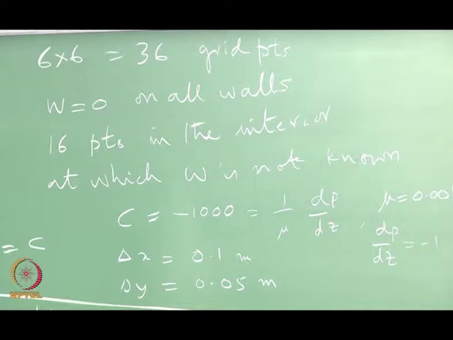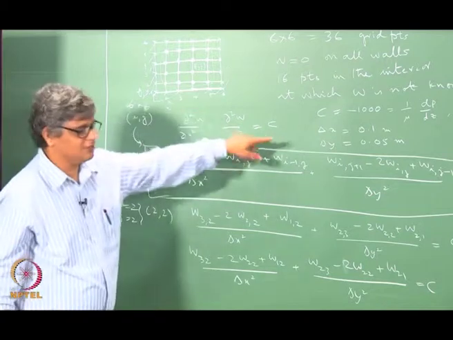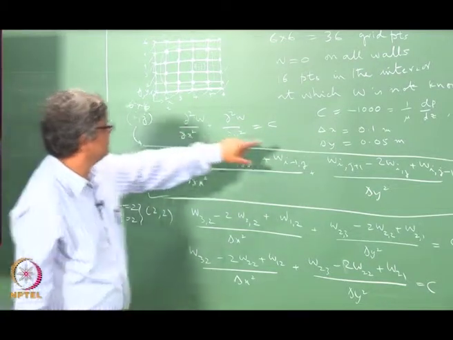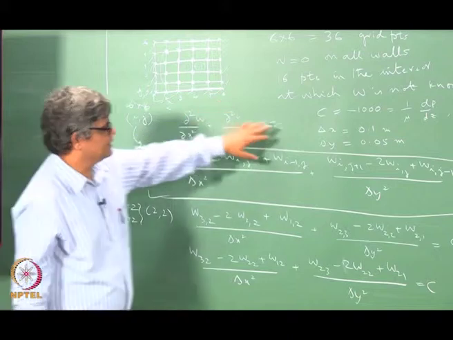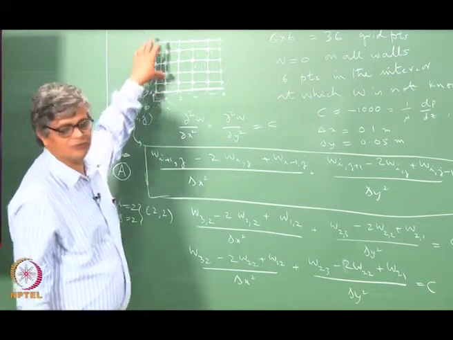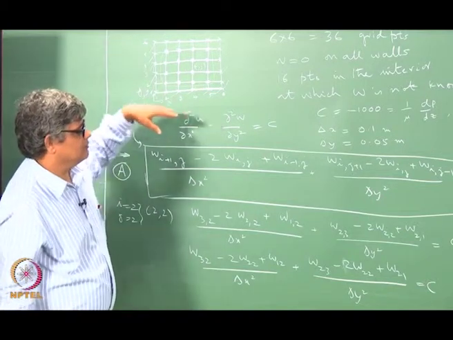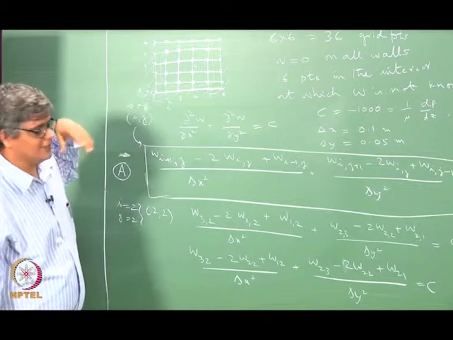Okay. If you know the total length, and you have divided this into 5 parts, then you can get this. So this will imply that the total length in the x direction is 0.5 meters and the total length in the y direction is 0.25 meters, that is, 25 centimeters and 50 centimeters.